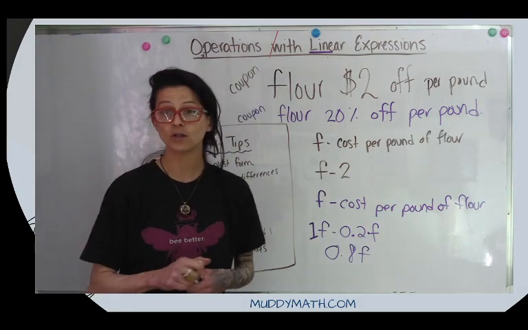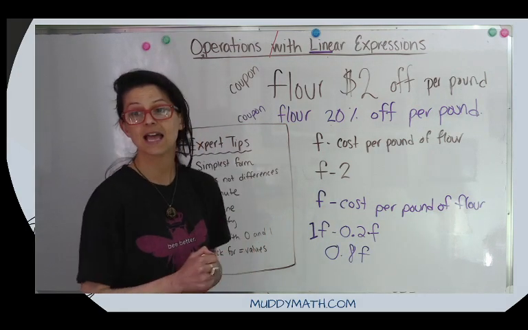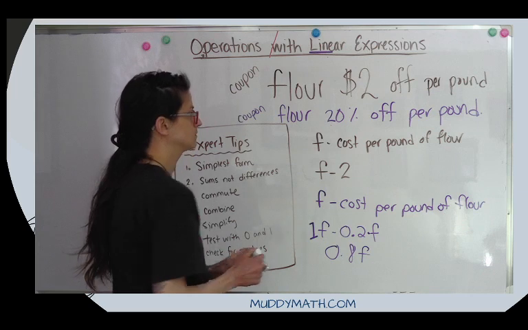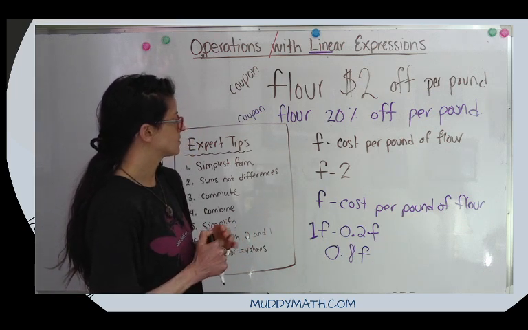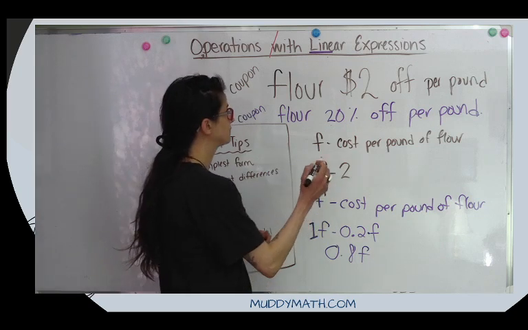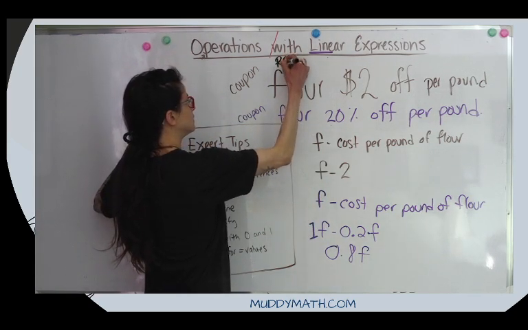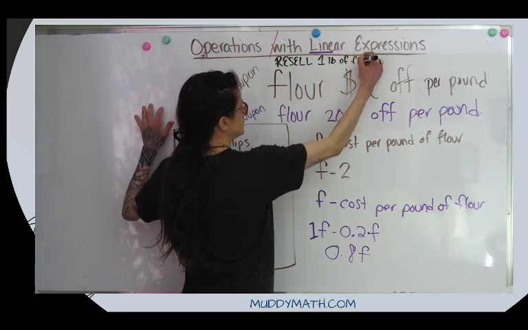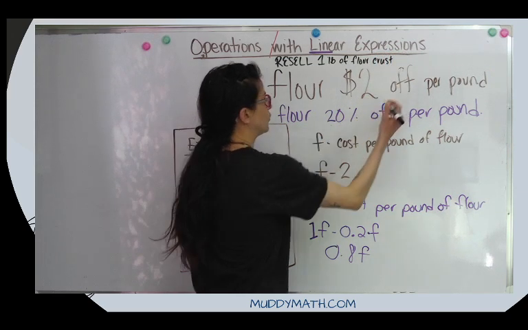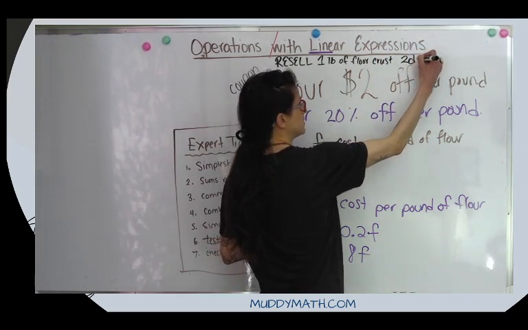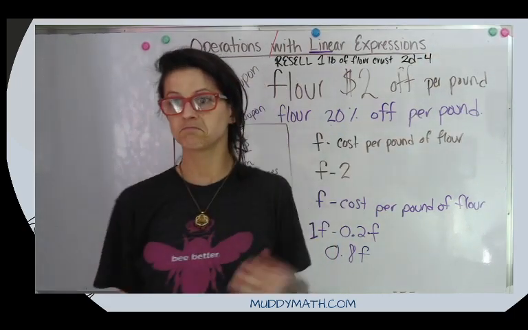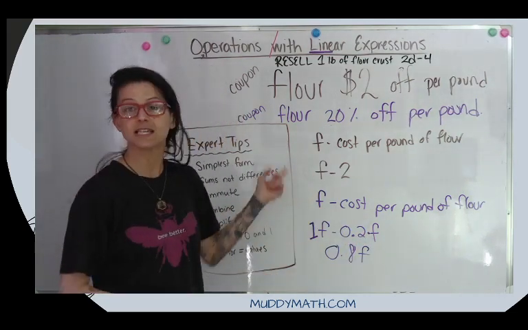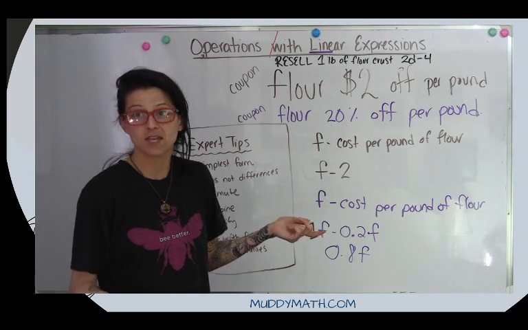So if I sold a pound of crusts, we're going to resell 1 pound of crusts for twice the original price less $4. And let's see if we make a profit here. Okay? So in which of these cases will we make a better profit? What do you think? What do you guess?